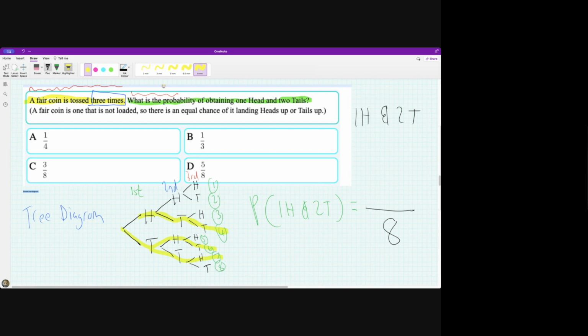So what do we think is going to go in this block here to be the number of favorable outcomes? And which option in the chat is the correct answer?